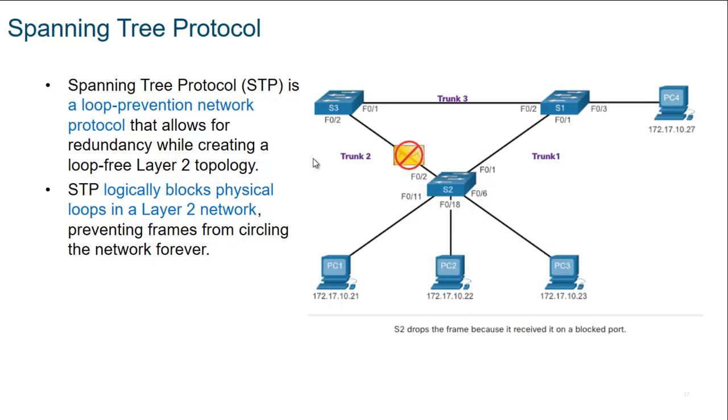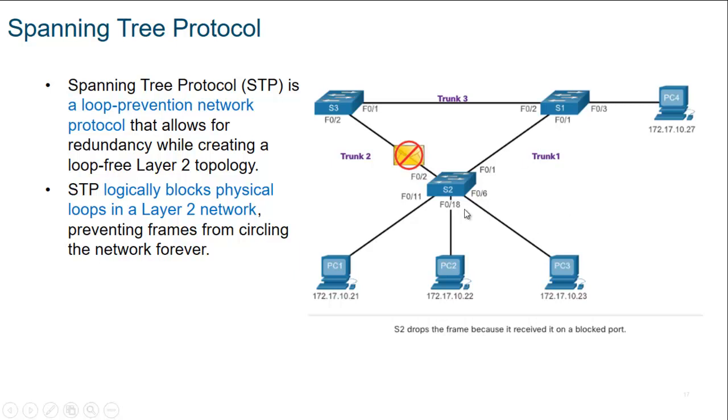Spanning tree protocol is a loop prevention network protocol that allows for redundancy while creating a loop-free layer 2 topology. STP logically blocks physical loops in a layer 2 network, preventing frames from circling the network forever. In this example, this particular link from S2 to S3 has been blocked.